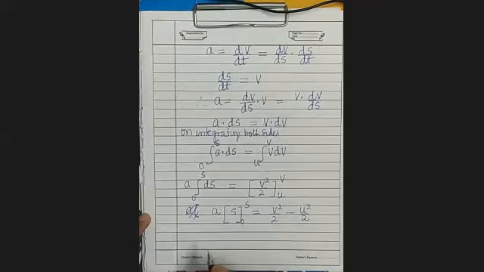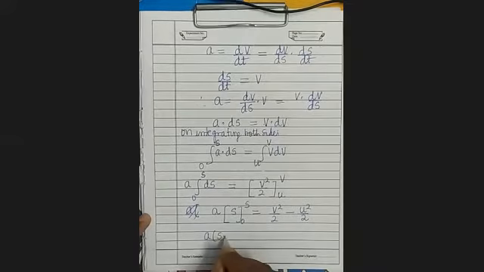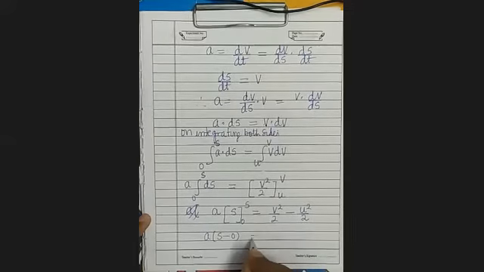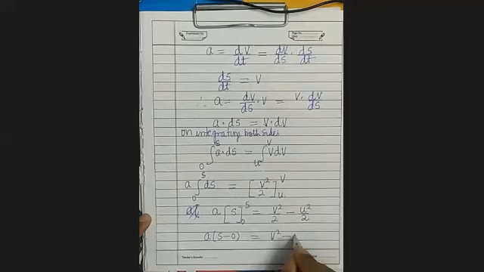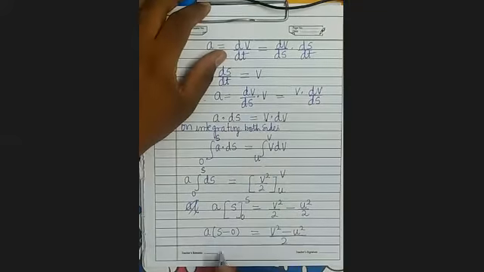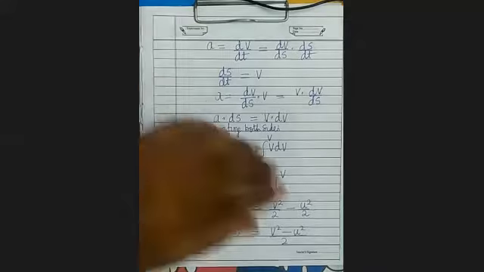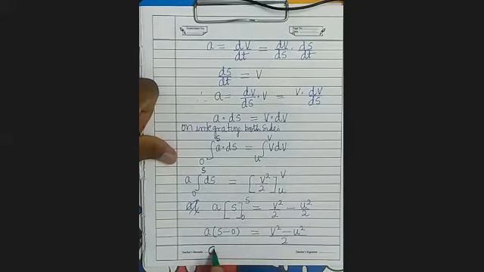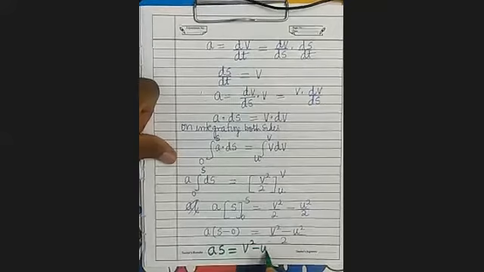Now simplify. s minus 0 equals to v square minus u square upon 2. So you can see here as equals to, I am writing here, as equals to v square minus u square upon 2.